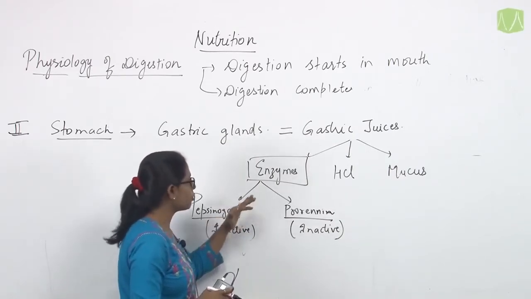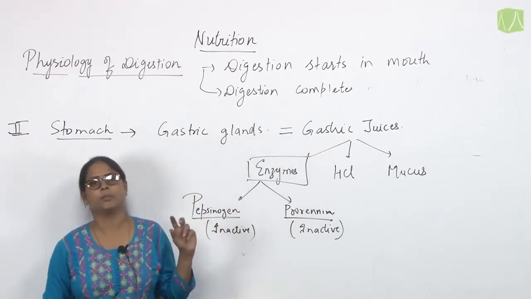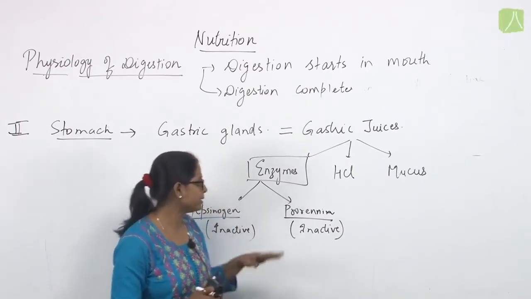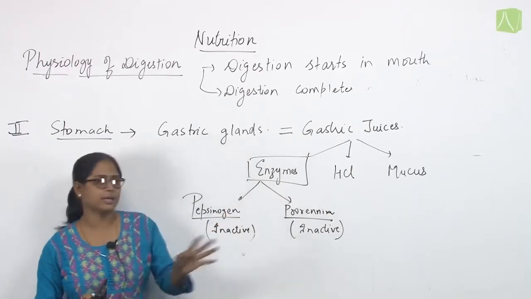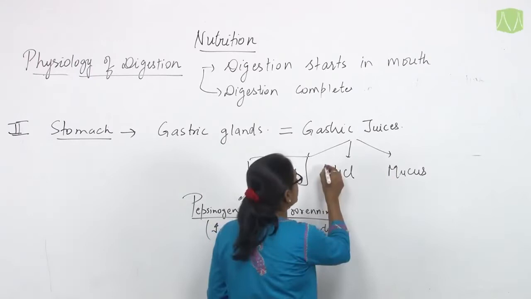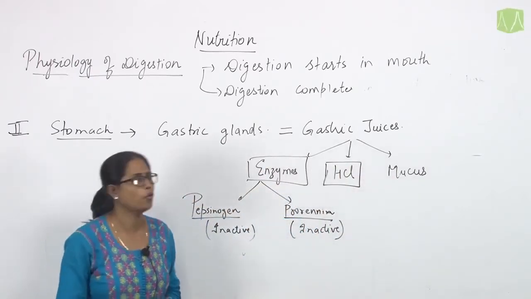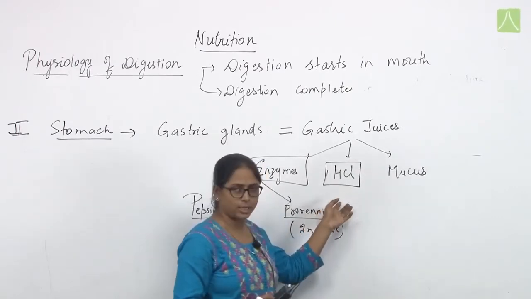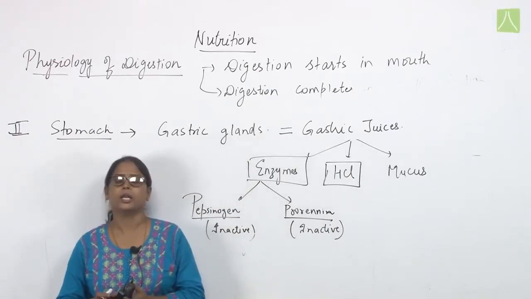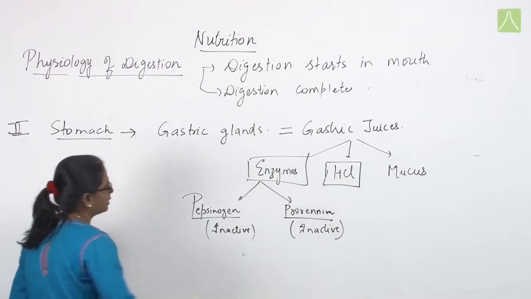The activation of these two enzymes requires an acidic medium, that means a low pH of about 5 or 6; these enzymes activate at a low pH in highly acidic conditions. That is why the stomach releases HCl, hydrochloric acid, in dilute form, and due to this HCl the enzymes become active, and then the digestion of protein starts. So what happened in the stomach part?